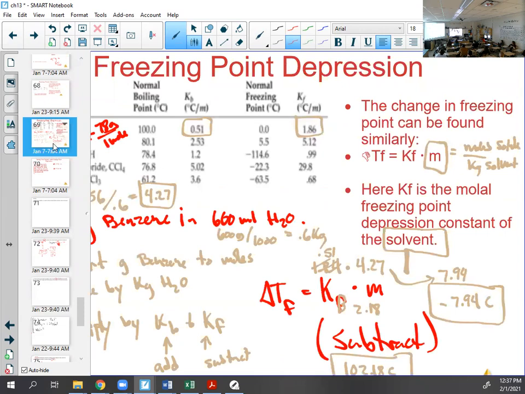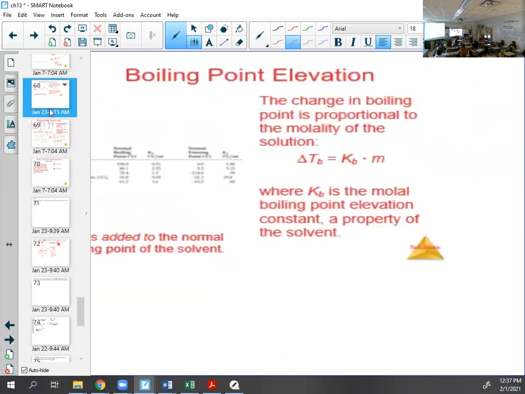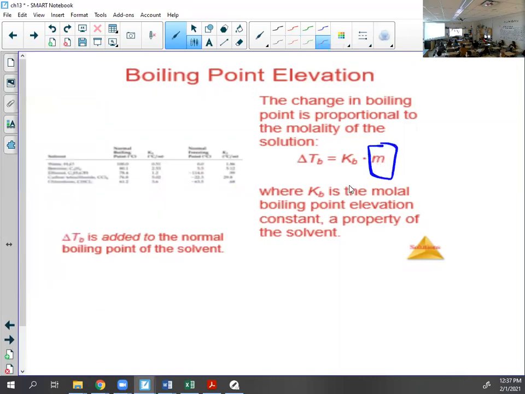A colligative property, which we'll learn about, is when the freezing point or the boiling point changes based on the concentration of a solution. And if you think about the temperature difference between a boiling point and a freezing point, it's important that we use a concentration that doesn't change with temperature.